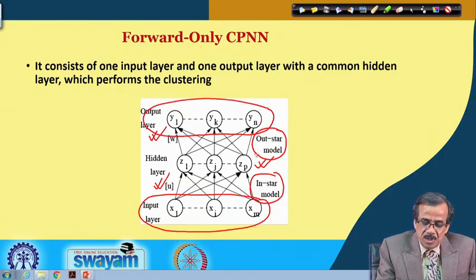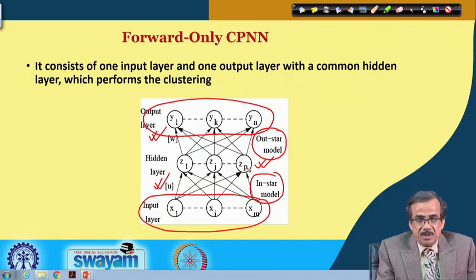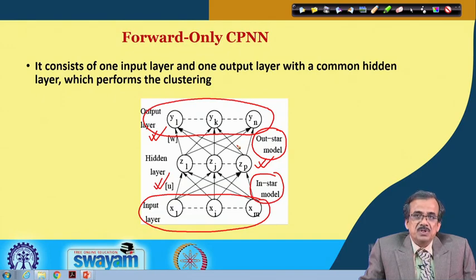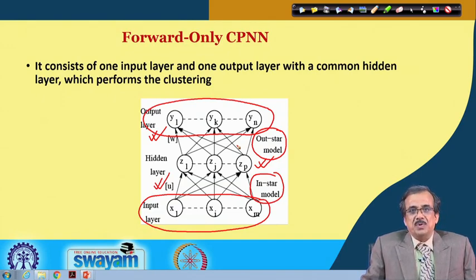We can use the competitive, that is unsupervised, training just to find out who could be the winner, and after that we can take the help of Grossberg learning, and once again we can use both supervised as well as unsupervised learning to determine the set of outputs corresponding to these inputs.